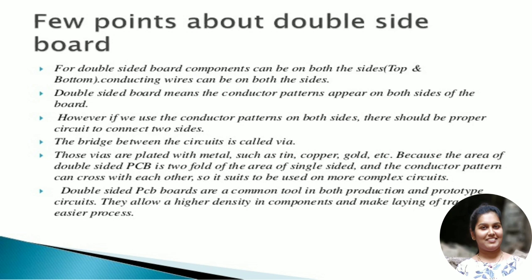Double-sided PCBs are a common tool in both production and prototype circuits. They allow a higher density of components and make laying of the track an easier process. So though these kinds of PCBs look a bit smaller in size, they can carry double the number of components that we place on the single sided PCB.